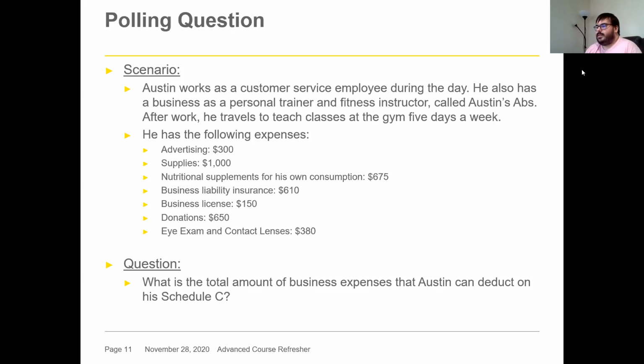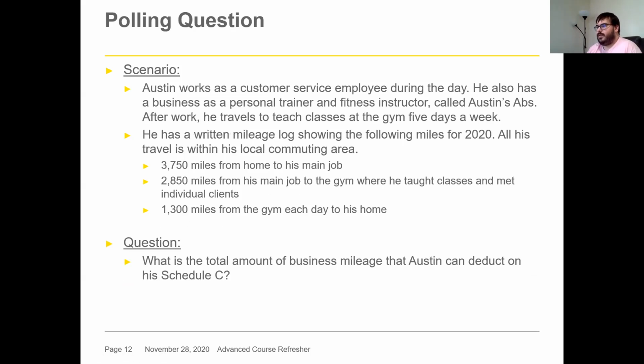All right. Is there, I think, one more? Okay, there is one more polling question for this. And again, same scenario, and this one is just to determine how much business mileage can he deduct. And let me launch the polling question.